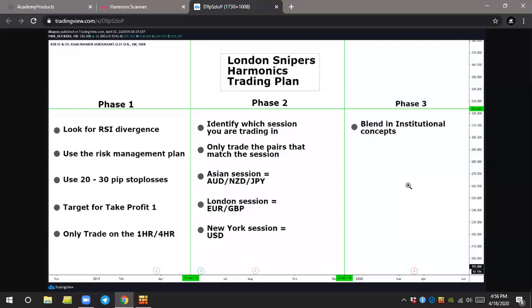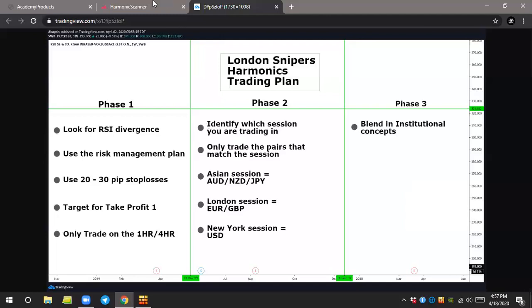I do not trade too much Asian. I normally stick with London, New York sessions. But for Asian, the kill zone is between 7 to 10 p.m. If I'm mistaken, I believe it's like between 6 to 9 p.m., somewhere around there, right? But these are the certain key times to be trading these pairs.